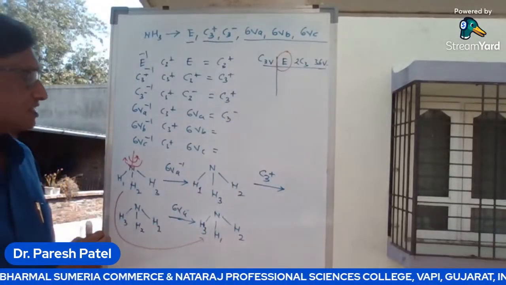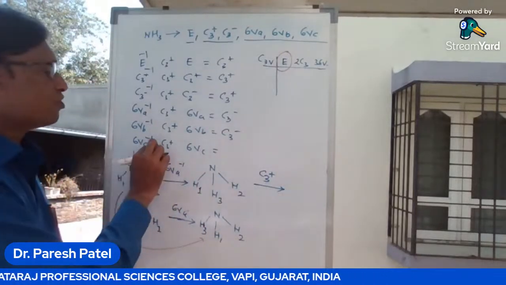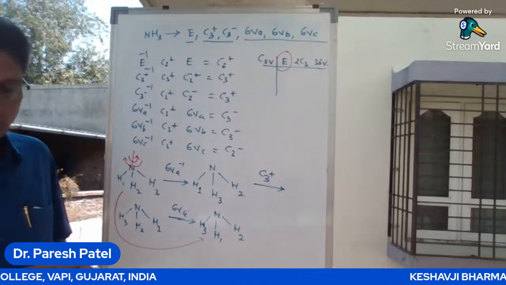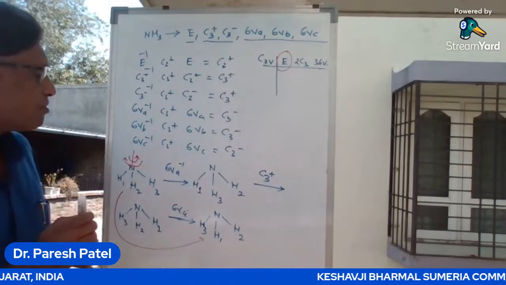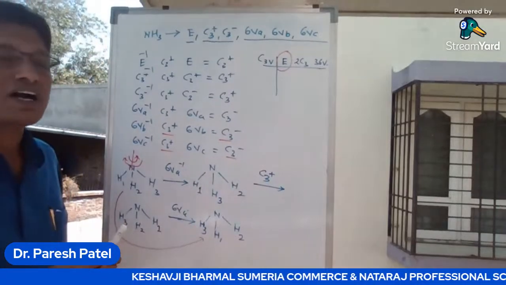Again, we have to go for this sigma VB to get the same result. Over here, this is the same result. So we can predict that C3 plus and C3 minus are conjugate to each other to form a combined class.